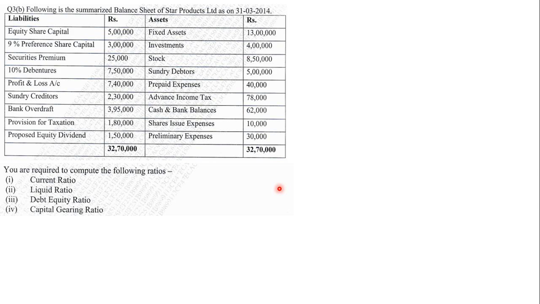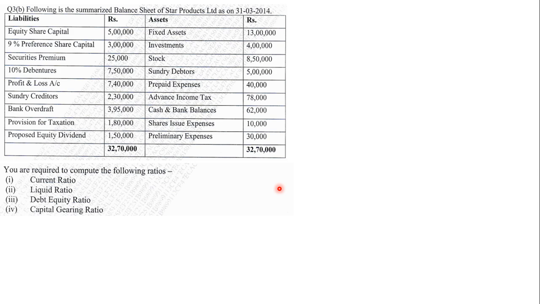And on the asset side, they're giving you fixed asset, investment, stock, debtors, prepaid expenses, advance income tax, cash, share issue expenses, preliminary expenses. All these liabilities and assets are given to us, and they ask us to find four ratios: current ratio, liquid ratio, debt equity ratio, and capital gearing ratio.